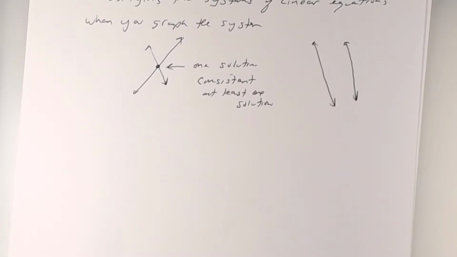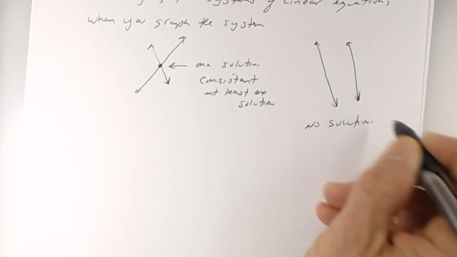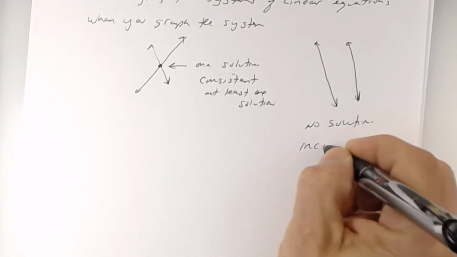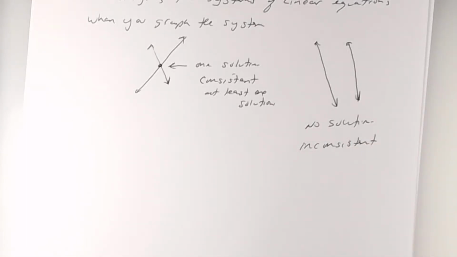Remember, the solutions of a system are where the graphs intersect. If they don't intersect, there's no solution, so we'd say this is an inconsistent system. Consistent is where they have at least how many solutions? One. Inconsistent is where they have no solution.